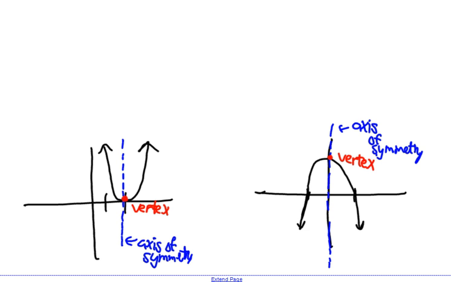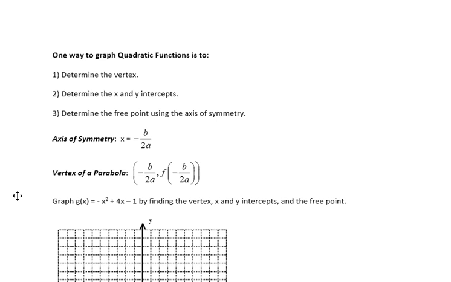Now, one way to graph quadratic functions is to determine the vertex, determine the x and y intercepts, and then determine a free point using your axis of symmetry. Recall the axis of symmetry is x equals negative b over 2a. The axis of symmetry is also the x coordinate of the vertex.